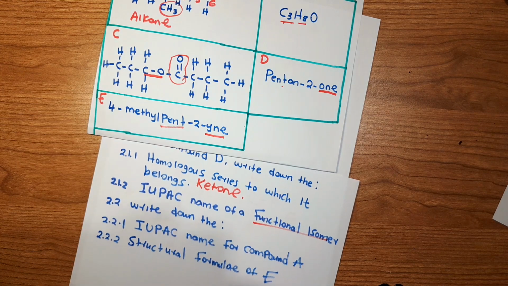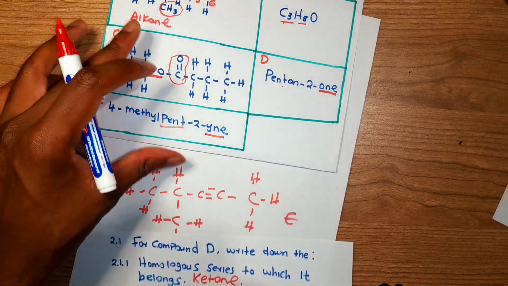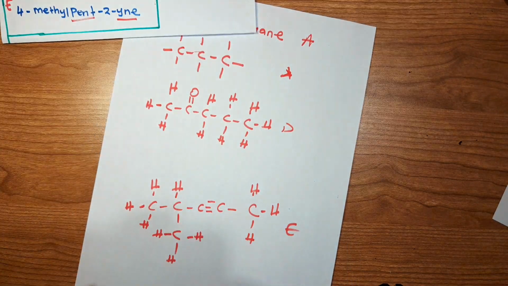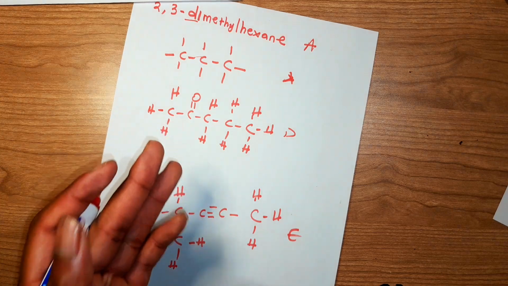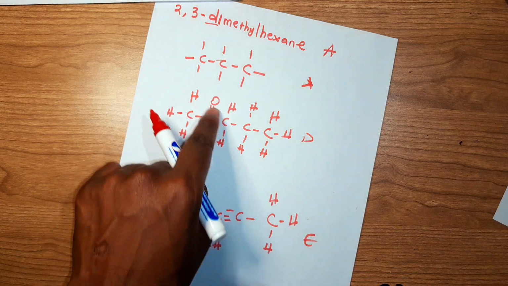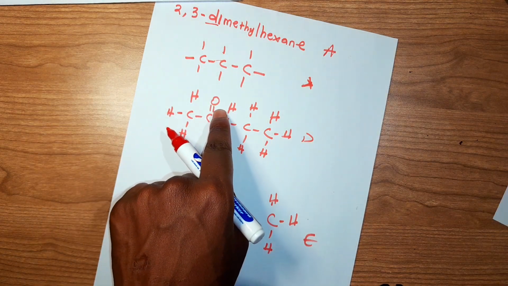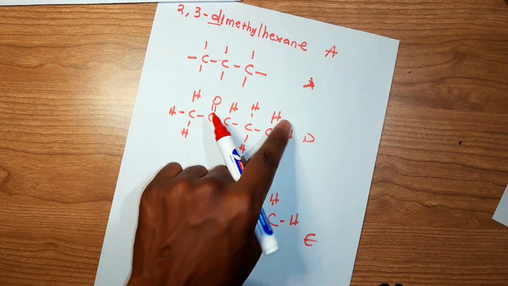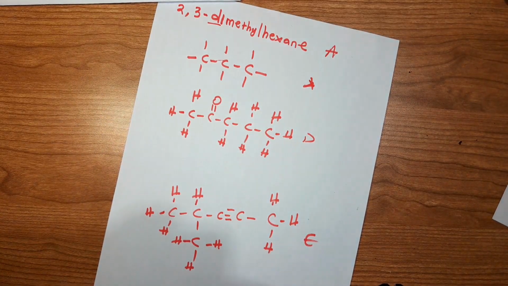What is the IUPAC name of the functional isomer of compound D? This is compound D, right? The functional isomer of compound D is always an aldehyde, so you are just going to take this O and put it here, or maybe here. So it's just going to change into an aldehyde.